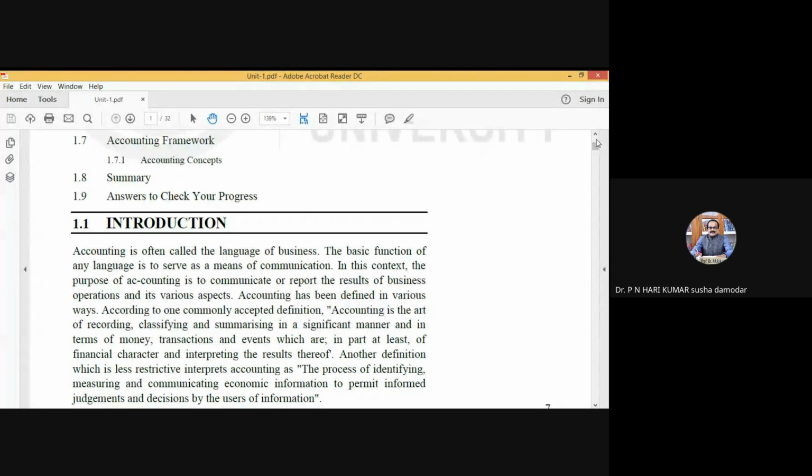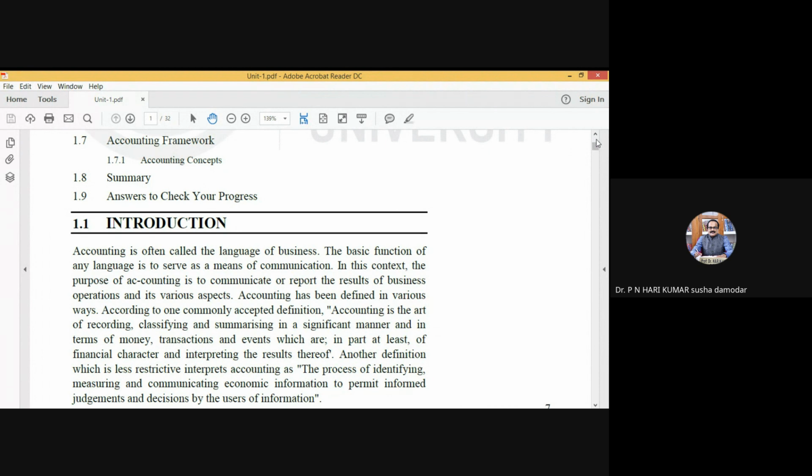In simple words, accounting is a business language. Many definitions are given for accounting, but this is a common meaning of the term. But in examination, there may be a question: define accounting. Then you have to define it.